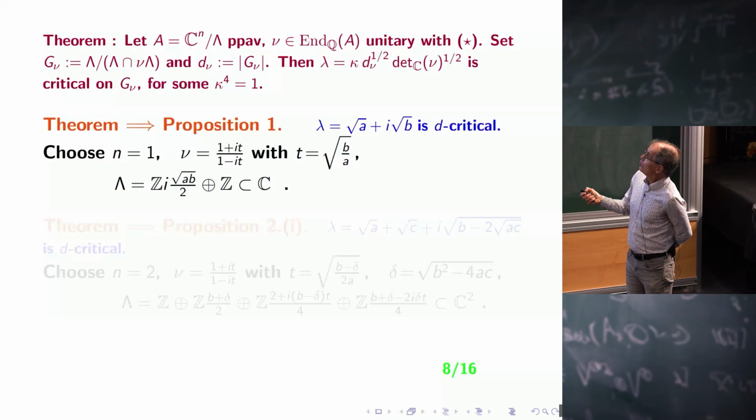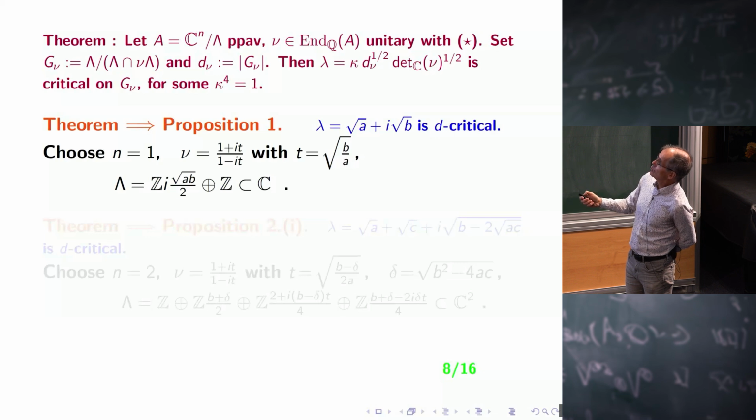So how do I apply this formula? You see A plus B is D. So I have square root of D here. And here I have the square root of something which is square root of A plus I square root of B over square root of A minus I square root of B. So you multiply the denominator by the conjugate value.